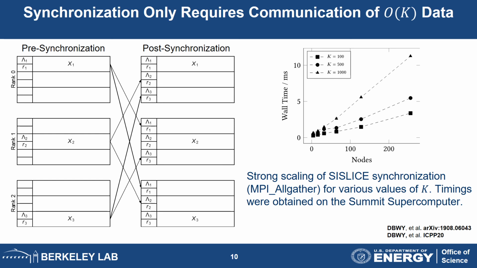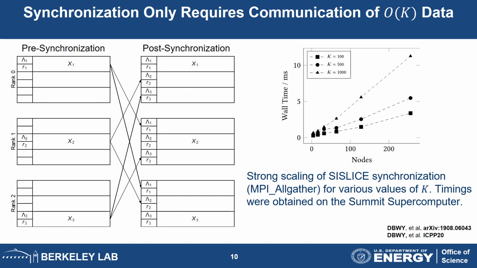In general, we only communicate on the order of M or on the order of K data for each individual spectral slice. And as you can see here on the right, we have the strong scaling of the synchronization step, which is essentially just an MPI all-gather of the eigenpair approximation and residual norms, even for large processor counts and large values of K, even up to 1,000.